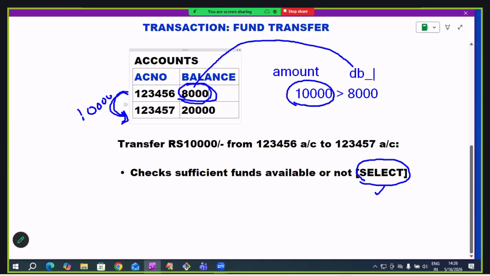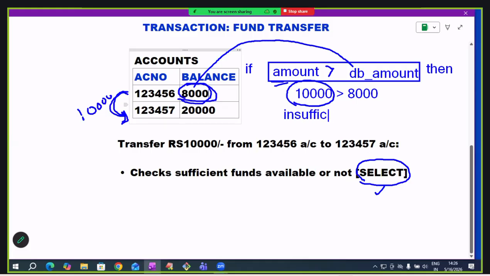For this, we write a PL program. In the PL program, we can declare variables. If the transferring amount is greater than the database amount, then it has to display the message insufficient funds.